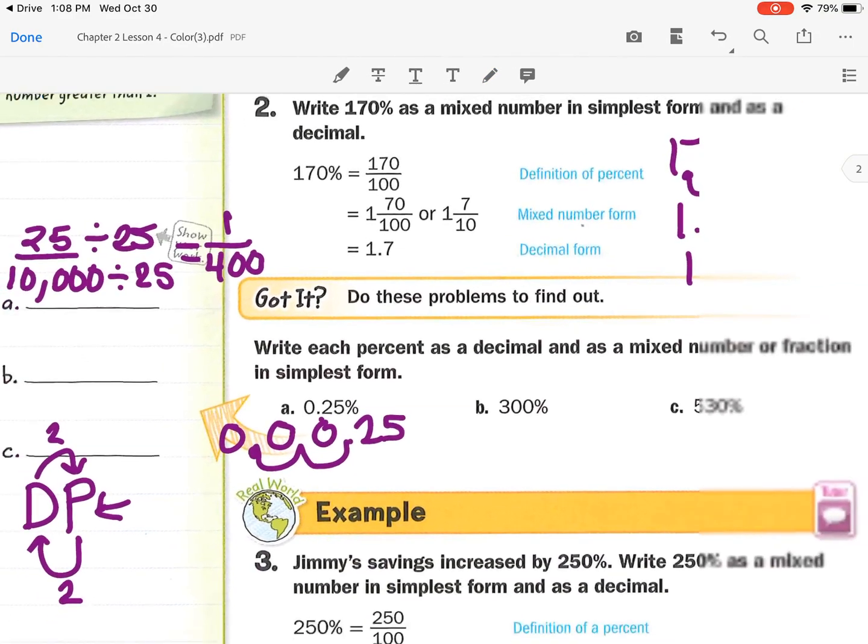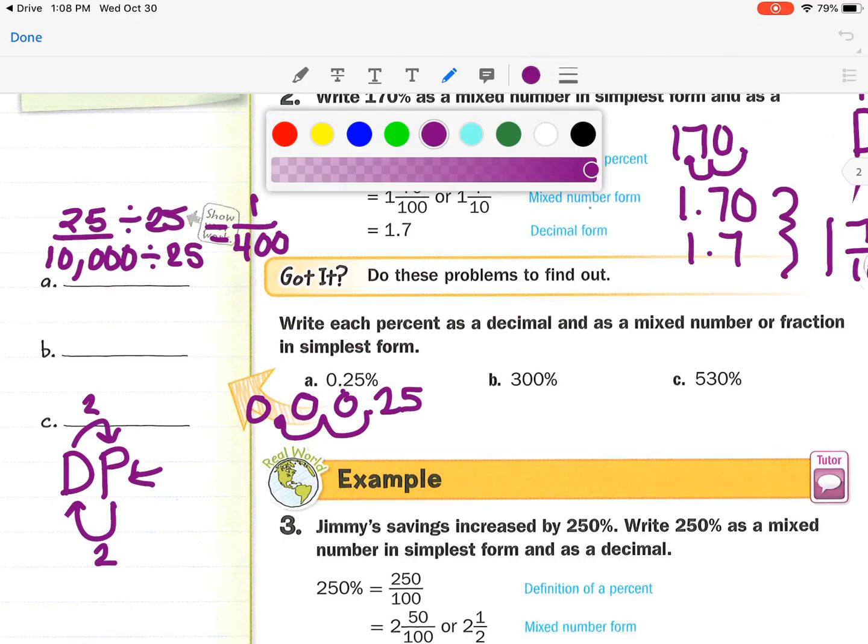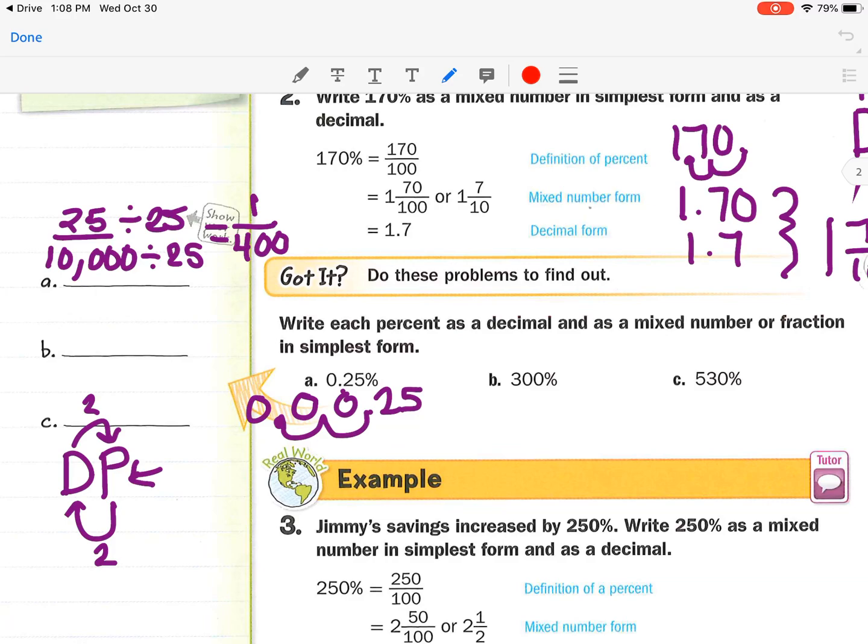Okay, let's take a look at 3,000%. When I look at 3,000%, I know my decimal point is at the end. So I'm going to move it 2 places to the left. 1, 2. Okay, so I get 3 for my decimal, and I have nothing after, so you can leave it as 3 or you can write in the other zeros.